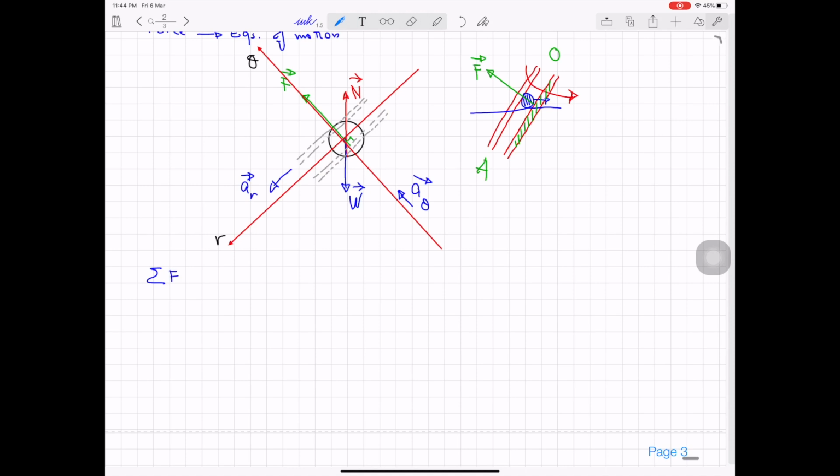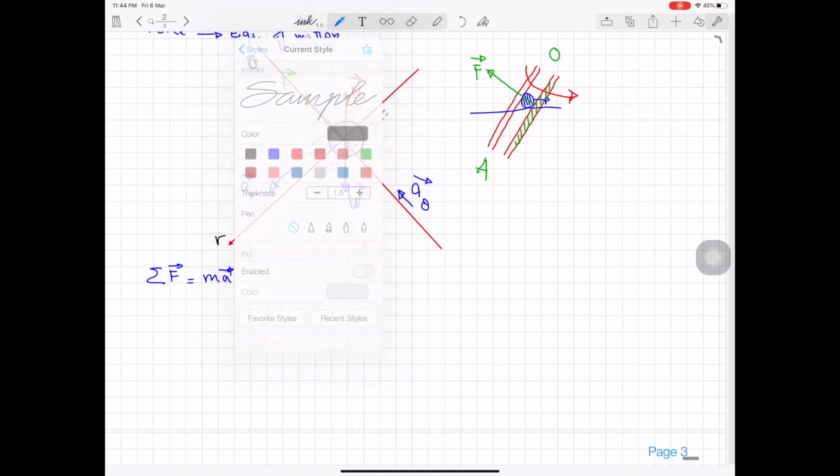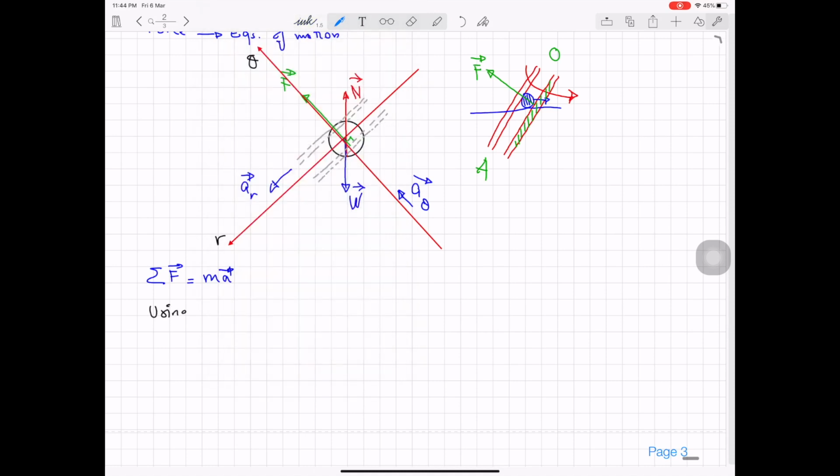Before that, I write the general equation of motion: sum of the forces equals mass times acceleration. Here we're using the polar coordinate system, so the sum of the forces in the transverse direction equals the mass times the transverse acceleration.